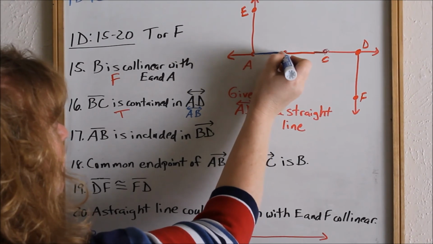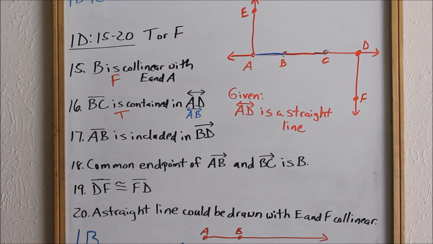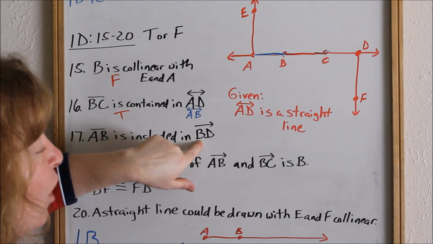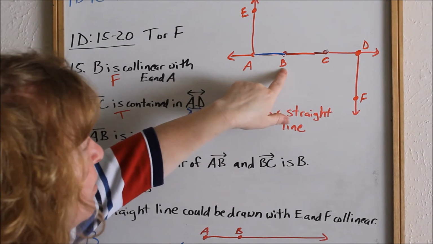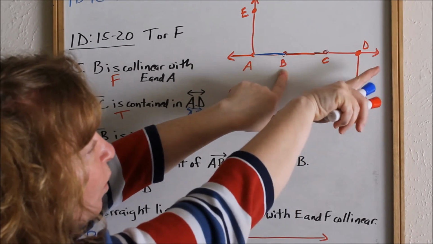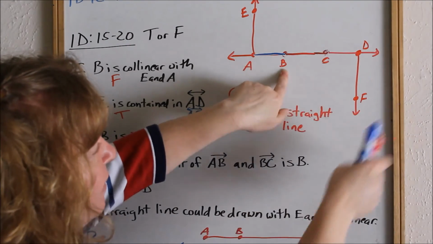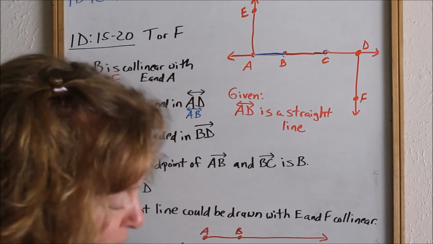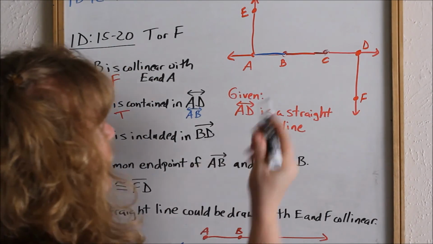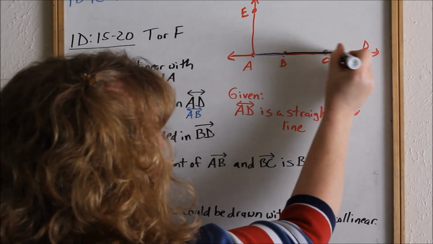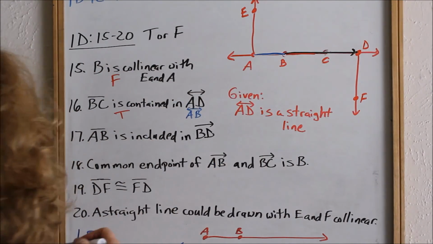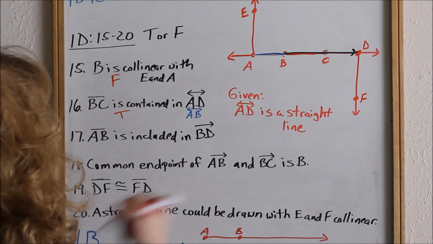Line segment AB is that line segment right there. Is that included in ray BD? Ray BD means it starts at B and goes toward D, to the right. So therefore, this blue line segment would not be included in that, because ray BD would be this black line right there, and this blue line is not included in that ray. So that statement would be false.